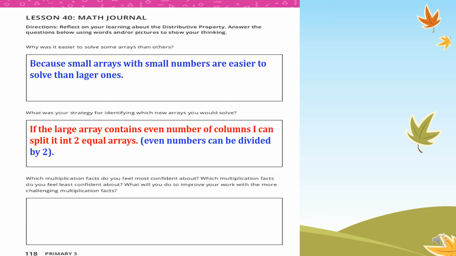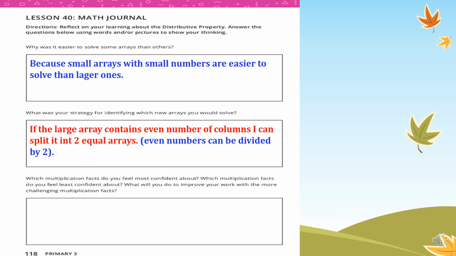Question number 2. What was your strategy for identifying which new arrays you would solve? When I split the array into new, smaller arrays, what is our strategy? I can say if the large array contains an even number of columns, I can split it into two equal arrays. It means if I have a large array with 10 columns, I can cut it into 5 and 5.